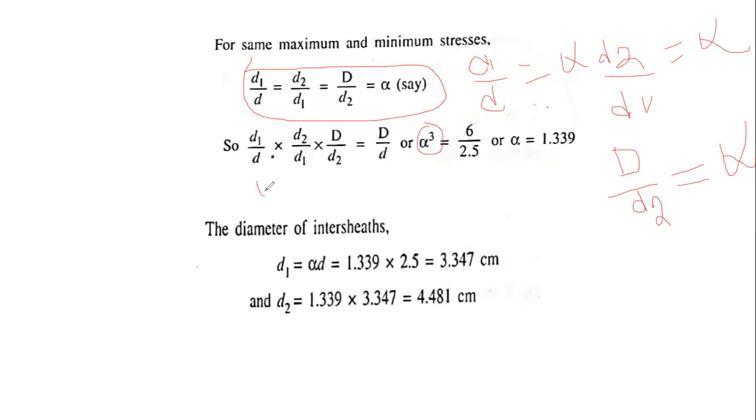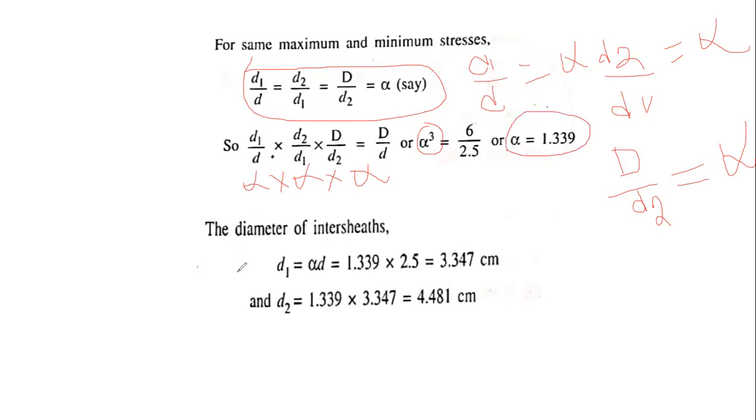Substituting, alpha into alpha into alpha, so capital D by small d is equal to alpha cube. Then alpha cube equals 6 by 2.5, and we determine alpha, which is equal to 1.339.